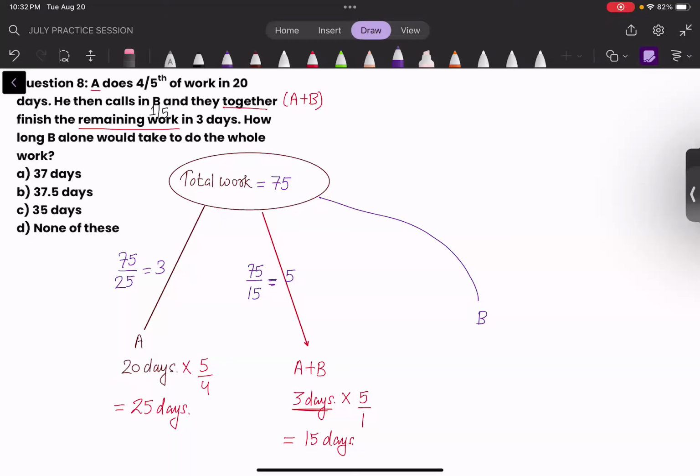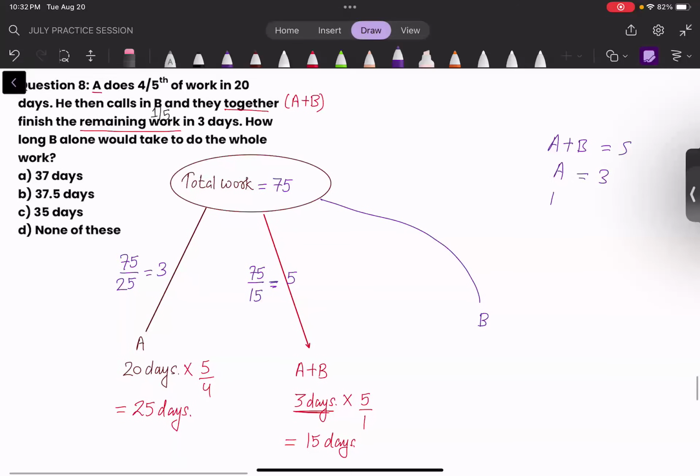Okay, so work rate of B will be how much? A plus B is 5, A value is 3, so B value will be 2. So B work rate will come out as 2. So what is the time taken by B? So time taken by B will be work divided by work rate, 37.5.